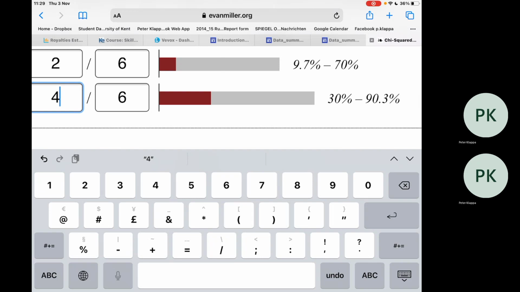And what you see is, if you like, the 70 and the 30 add up to 100, and the 9.7 and the 90.3 add up to 100, right? So that's quite nice because you only have to calculate the stuff for 1. Make sense?